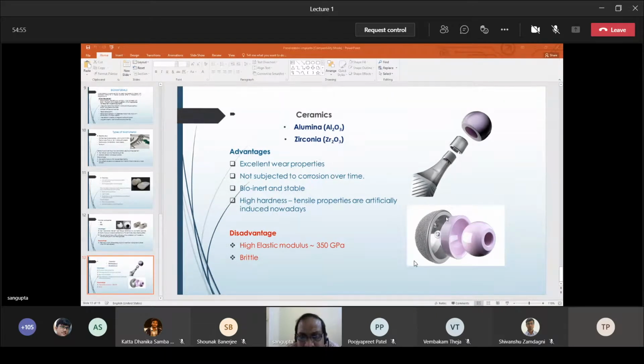So the uncemented variety is actually the way forward, because biological fixation is much more durable than a cemented fixation. But still there are many cases where the surgeon is a bit reluctant or a little worried whether or not there would be enough bone ingrowth to hold the prosthesis in place.